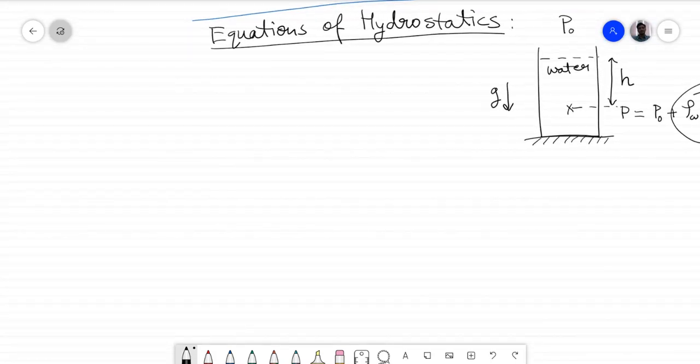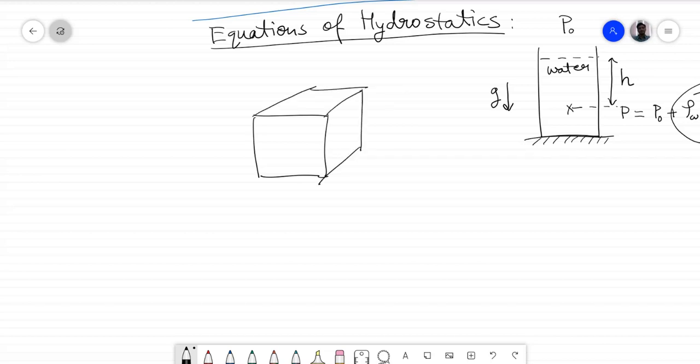So let us again take an element. This time let us do it in 3 dimensions for a change. Let's say this is x direction, this is y direction, that is z direction.